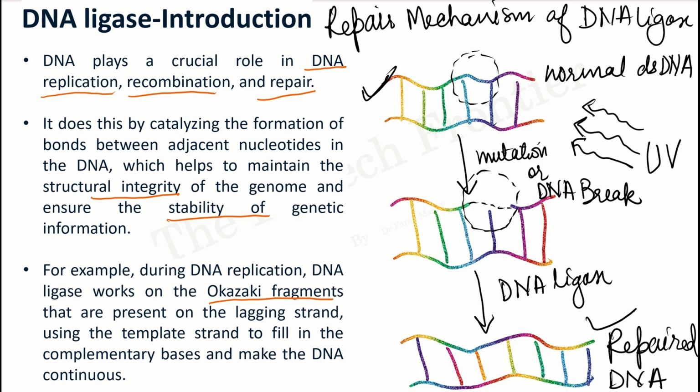The strand of the double-stranded DNA may get broken, or due to the modification there is a requirement of proofreading, so there is a breakage in the strand. Here the DNA ligase comes into account, and it rejoins the broken DNA strand, and in this way it repairs the DNA molecule.